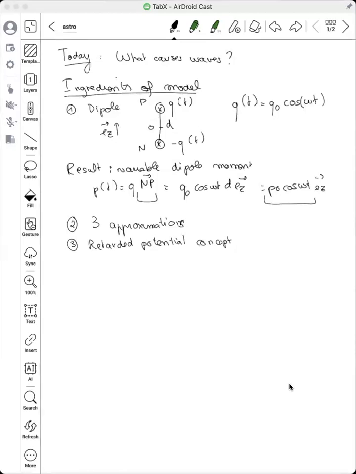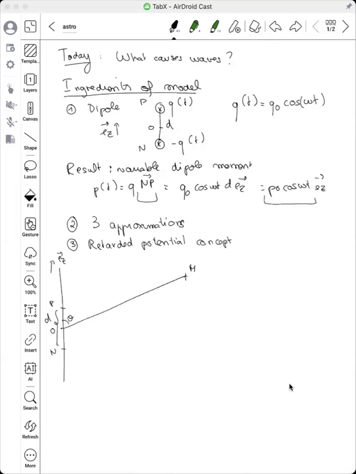But before I go into the details of two and three, let's draw the configuration we will use. It should remind you of what we did with the dipole in the stationary case. So we have here O and P. I need this more detailed configuration to explain all the approximations I'm doing. This is similar to the dipole you already know.